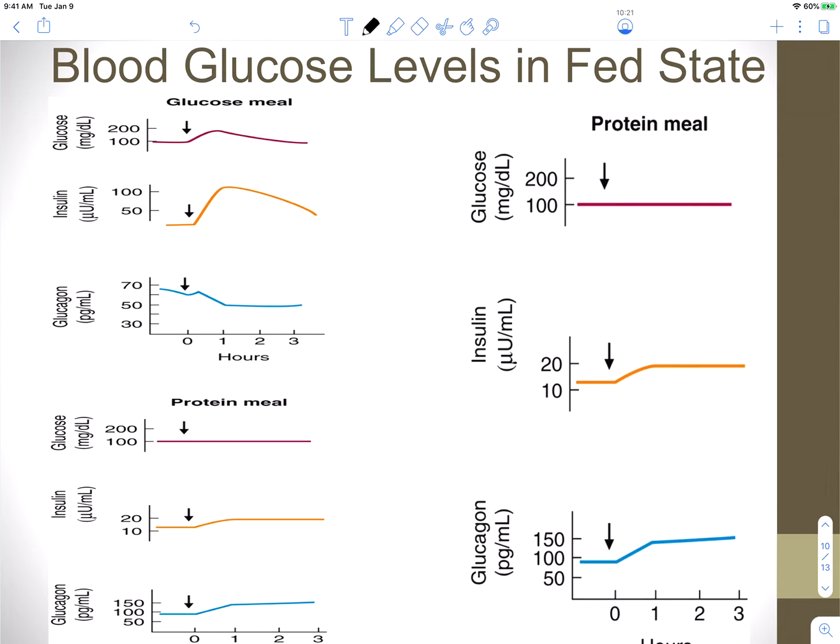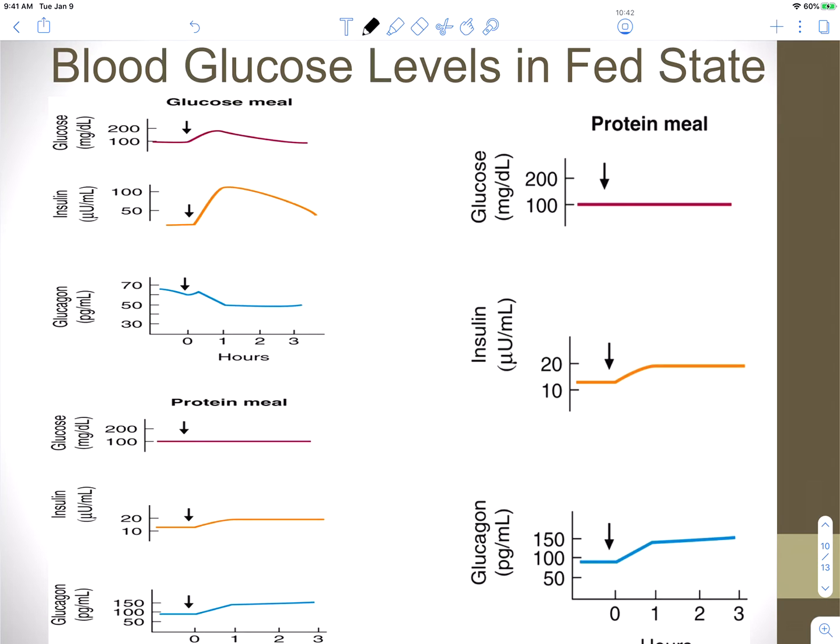So we've seen these pictures before. Just to reiterate, after a glucose meal, your glucose levels spike, insulin follows glucose, and then your glucagon levels will drop, but will stay at a certain range. Protein meal, again, your glucose doesn't spike, so insulin won't spike very much.